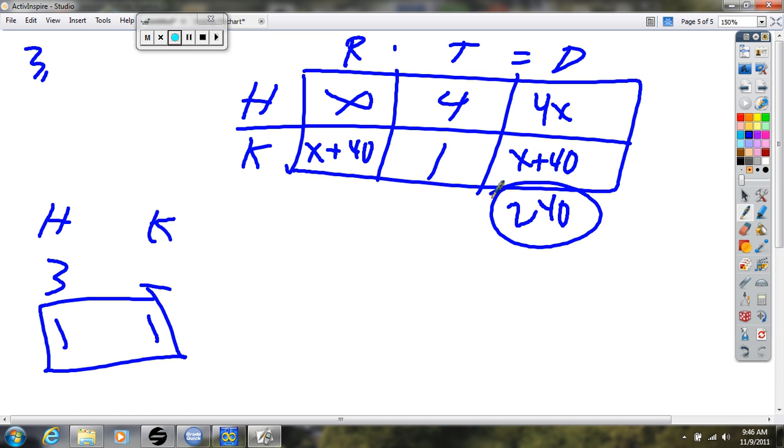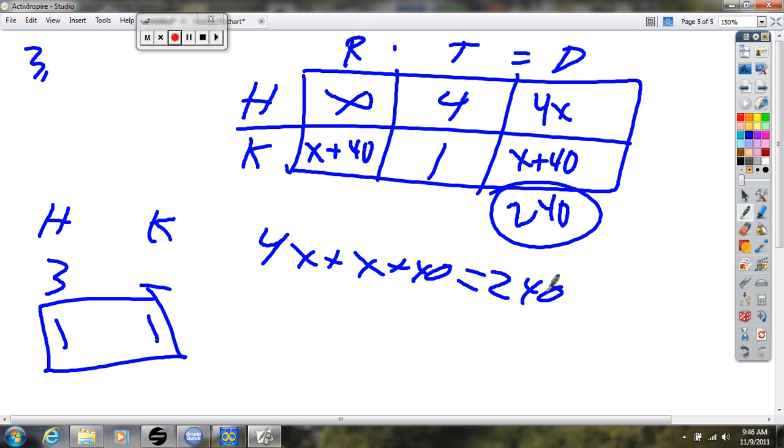I add this one and this one. One person started here, went this way. One person started here, went this way. And the two distances together equal the total because they went in opposite directions. So whenever you have the total, your equation is going to be the first one plus the second one is equal to the total.